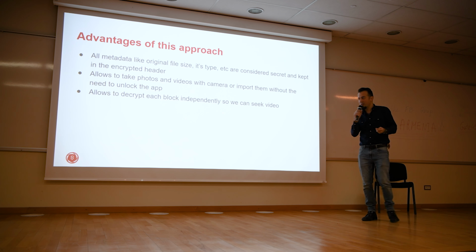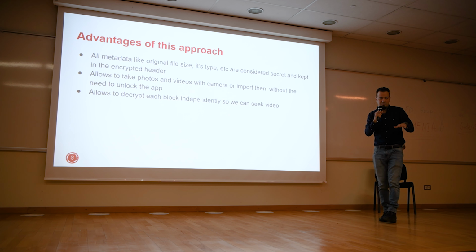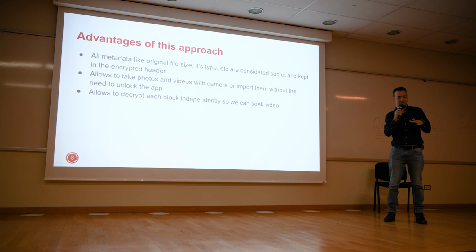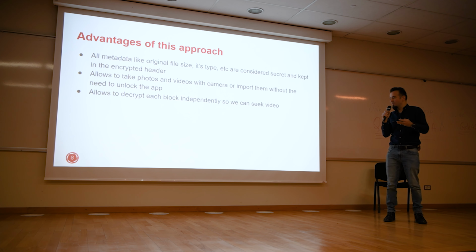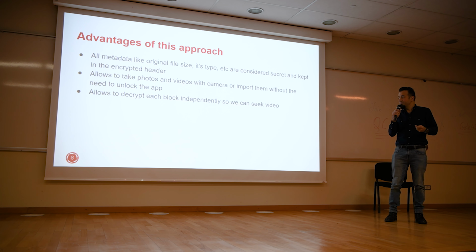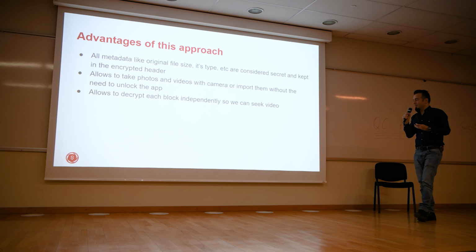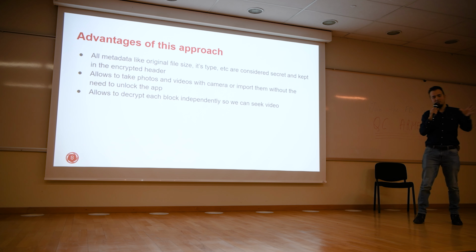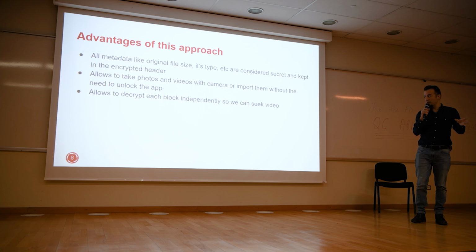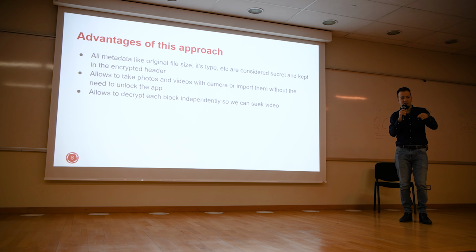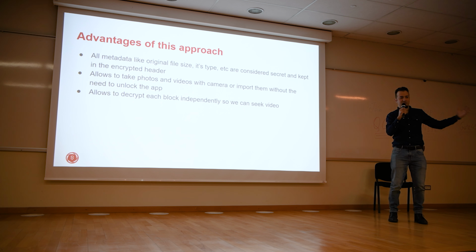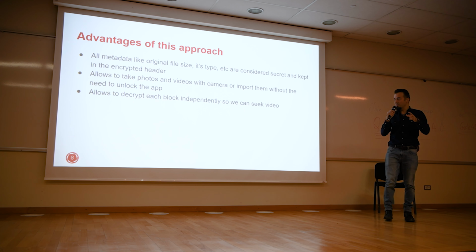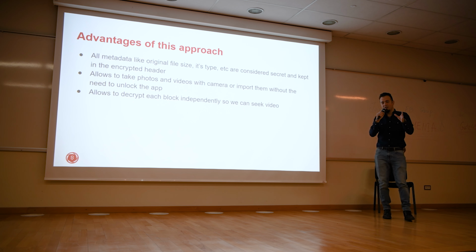All of this complements the idea that we're trying for it to be as anonymous as possible. And why did we do encryption in blocks? Because, for example, we want to be able to seek in a video, to jump to the end of the video right away without needing to decrypt the whole file. That's why we need to be able to decrypt each block independently.